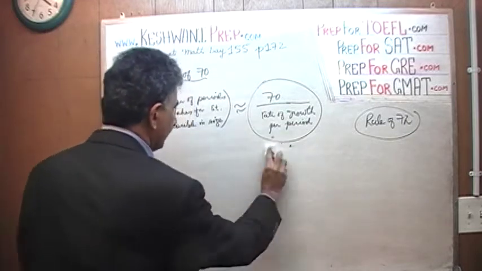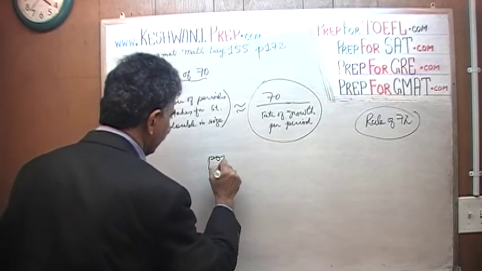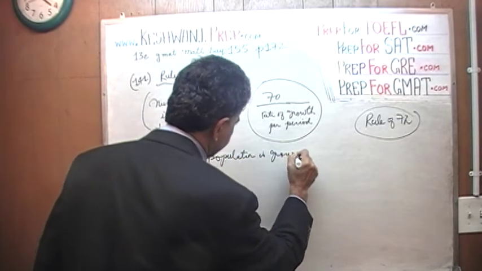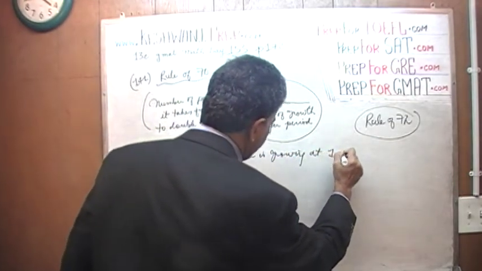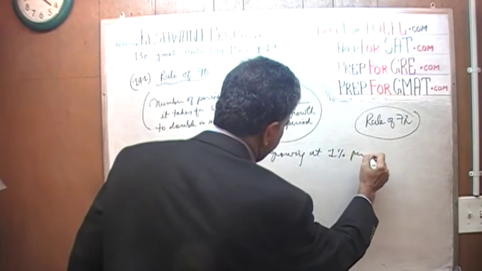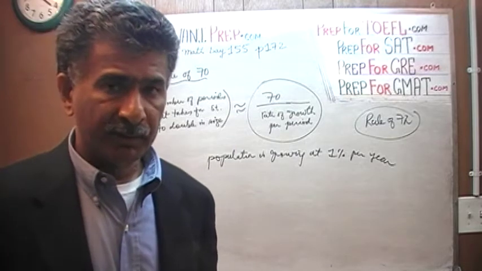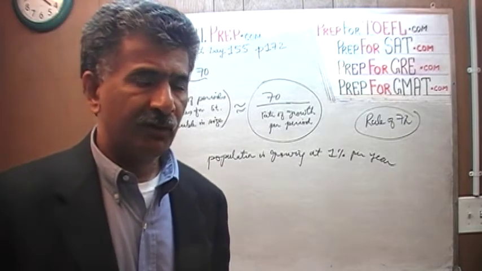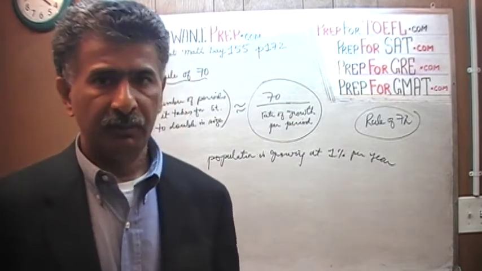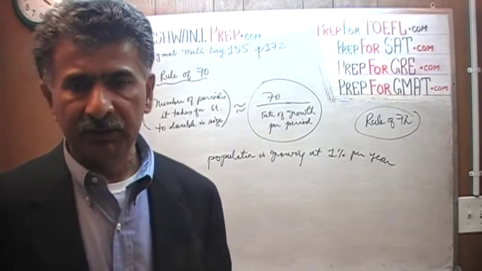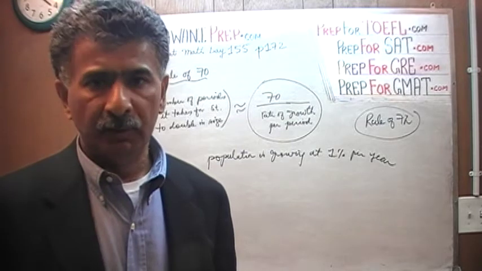We have a population of a country. We are told that the population is growing at 1% per year. If the population is growing at 1% per year, how long does it take for the country's population to double in size? Now in your haste, you might conclude that if it's growing 1% a year, it will double in size in 100 years.